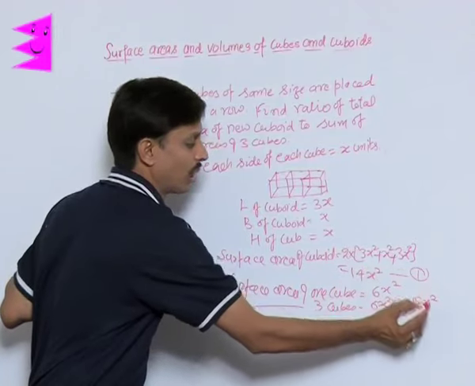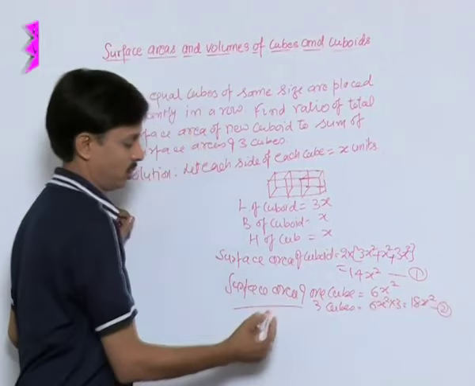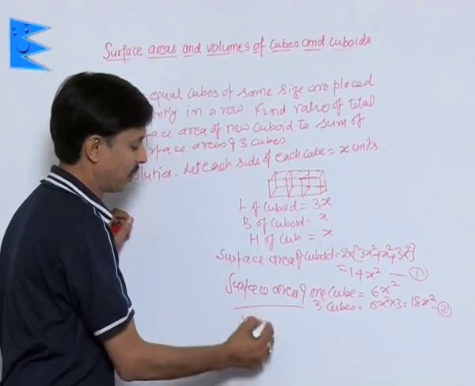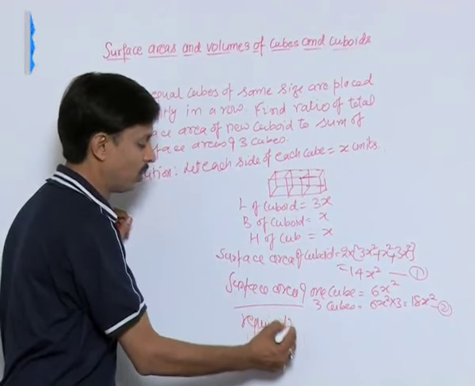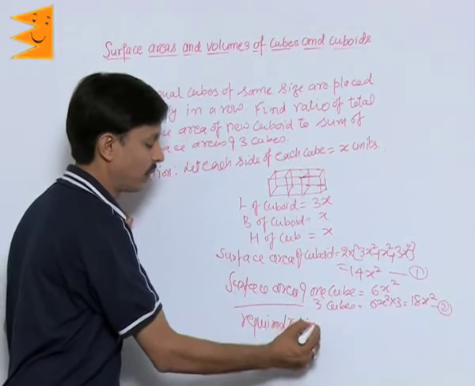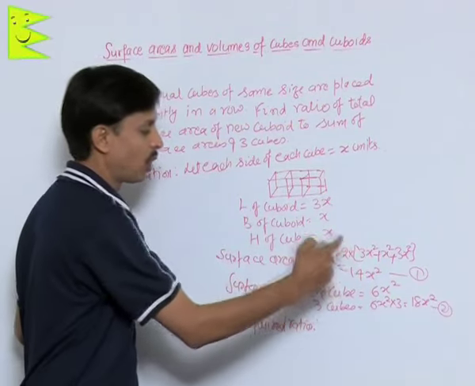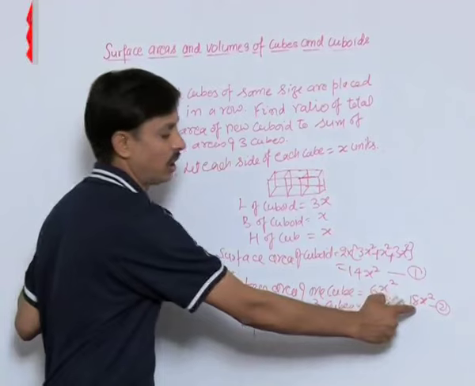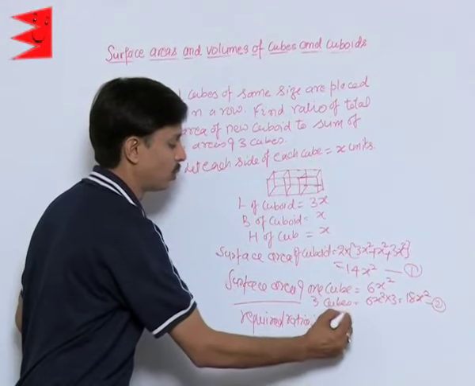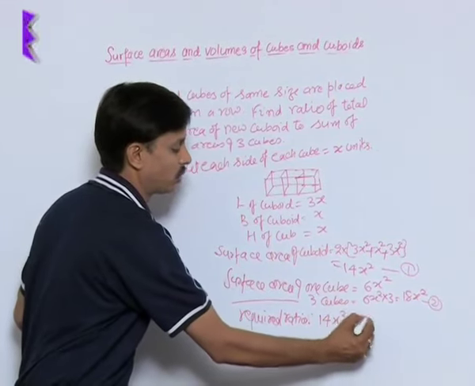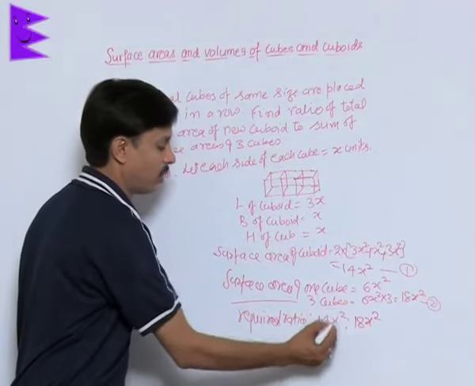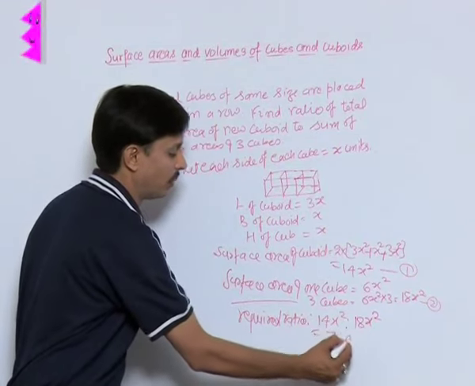Now we want to calculate these two ratios. So I will write here the required ratio of surface areas of the cuboid so formed to the surface area of 3 cubes is equal to 14x square is to 18x square. Its simplified form will be 7:9.